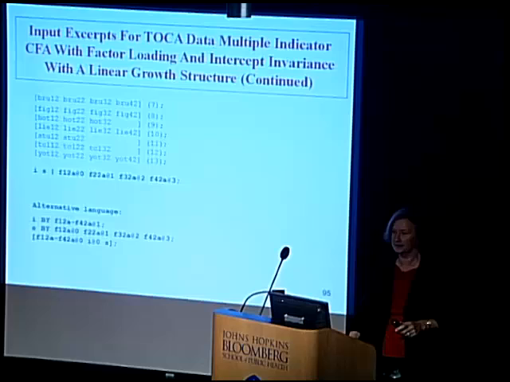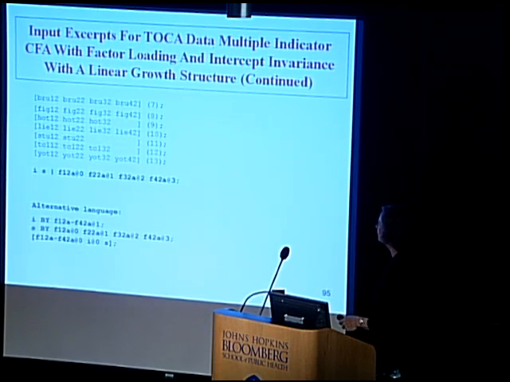And finally, let me just show you the growth model. So we want to put the growth model here. So we have the first factor with time scores 0, 1, 2, 3. And in the alternative language, you see what's done behind the scenes, which you want to know. And that's that the factor means, which are now intercepts in the growth model, are fixed at 0, just like the observed variable intercepts are fixed at 0 in the growth model.